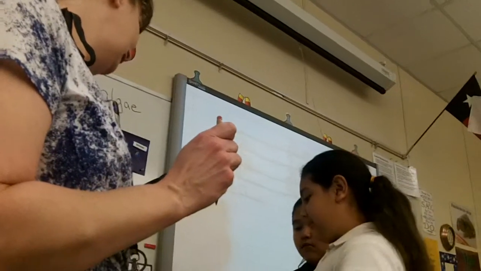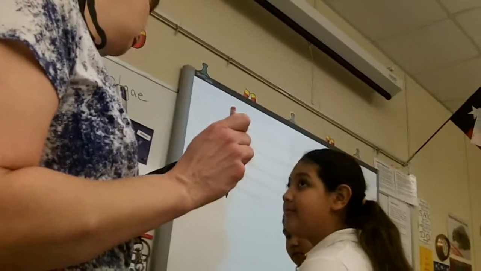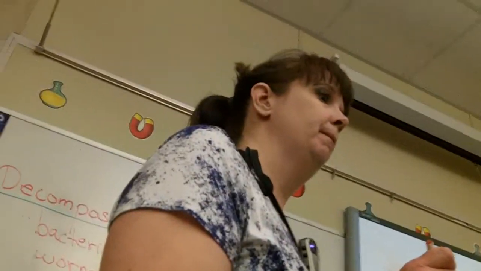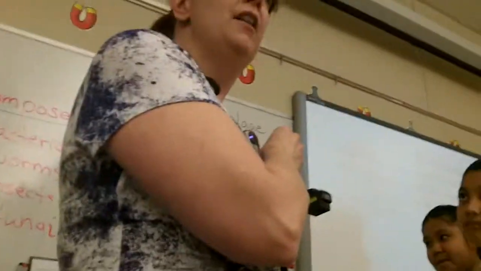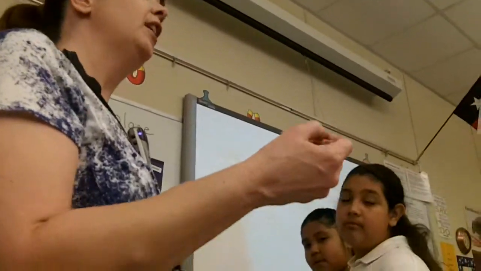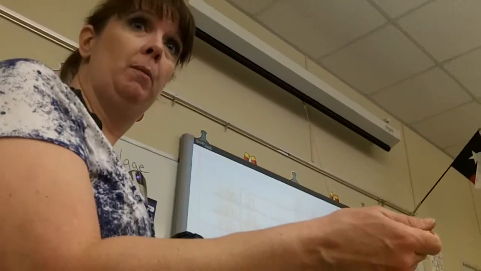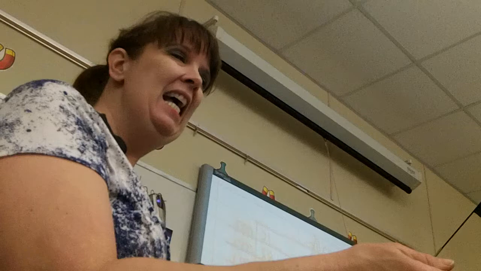Did you also find then that the farther away you were, the shorter his shadow became? Yes. So we would call that a conclusion. Your data is supporting the conclusion that the closer the light source to an object, the taller the shadow will be. Right? Okay. That's very good.